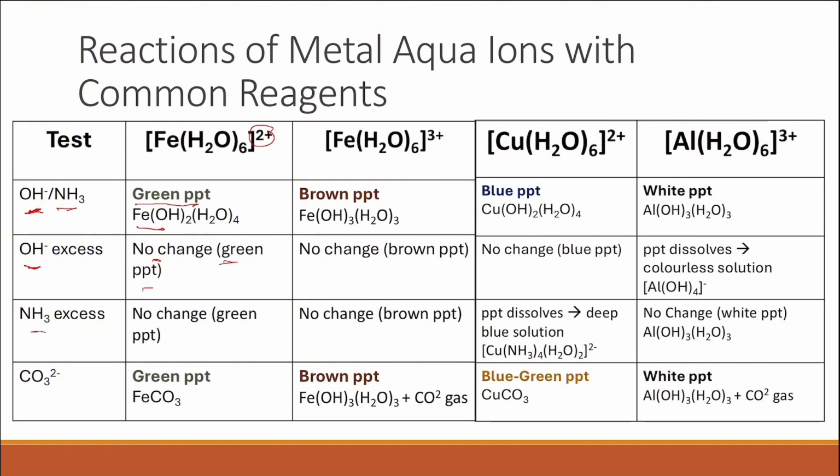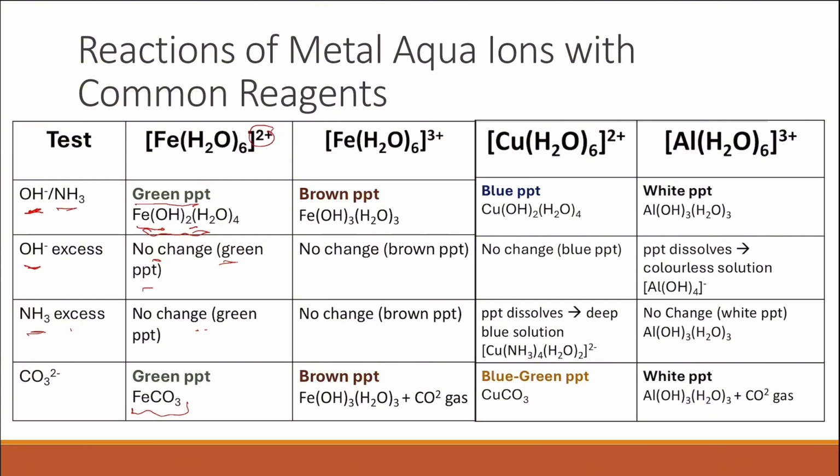If you add excess ammonia after the dropwise addition gave a green precipitate with the iron 2 plus, there will be no visible change as well, because the green precipitate, which is the hydroxide, will stay. So the ammonia here with the iron will only act as a base. With the carbonate, there will also be a green precipitate, but it is now due to the formation of the iron carbonate, not the iron hydroxide.